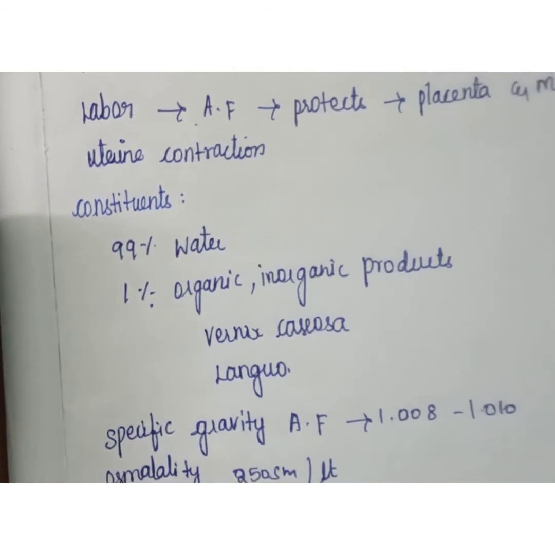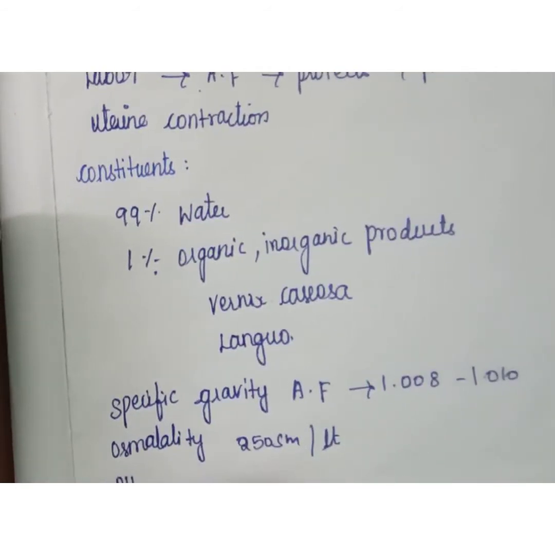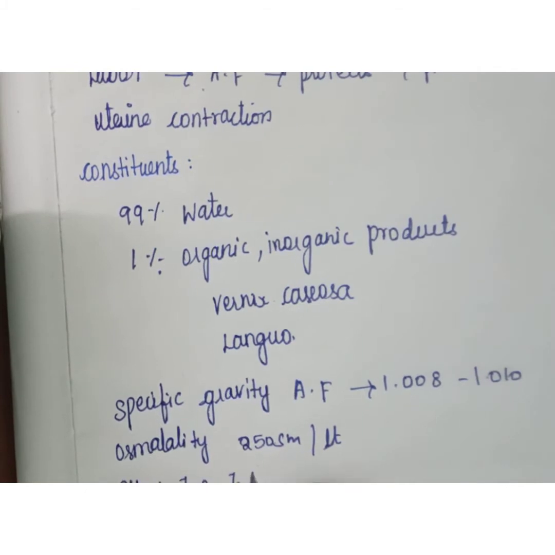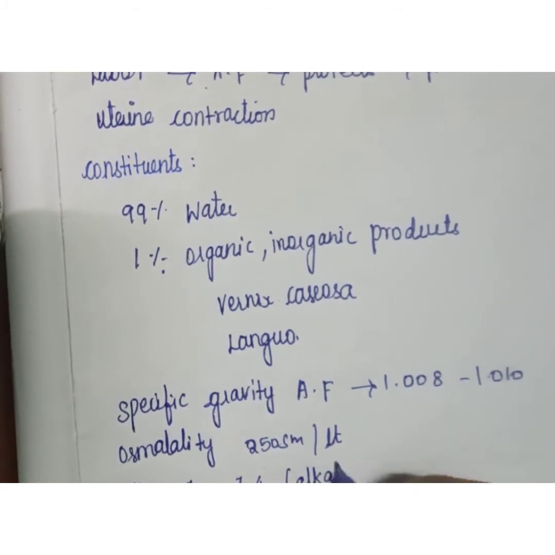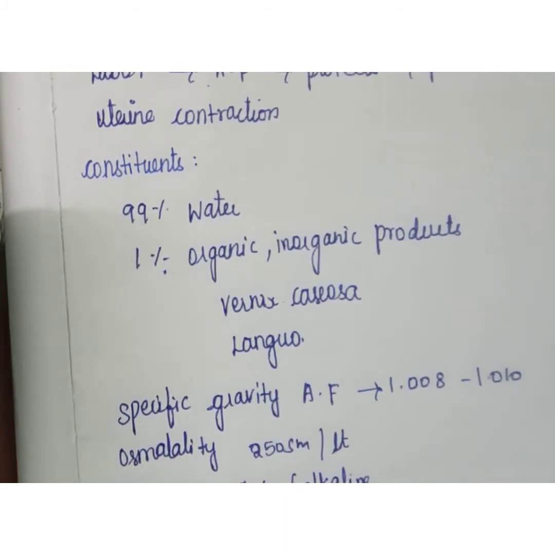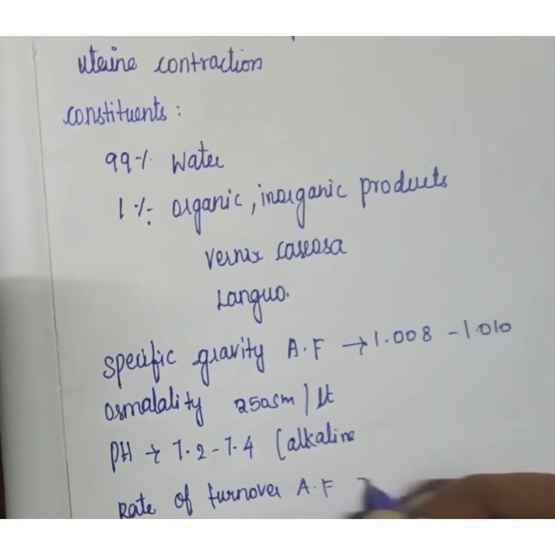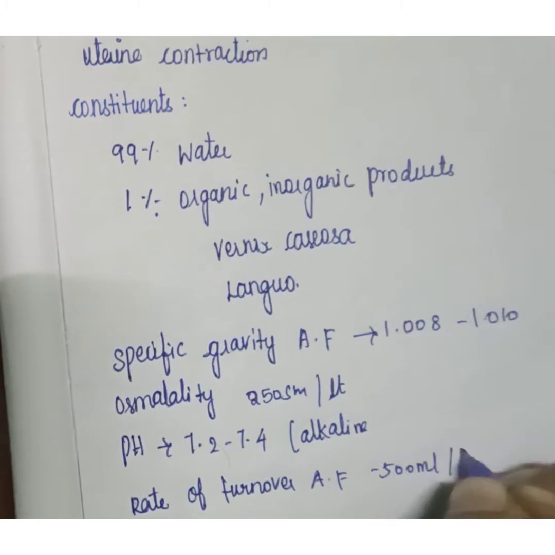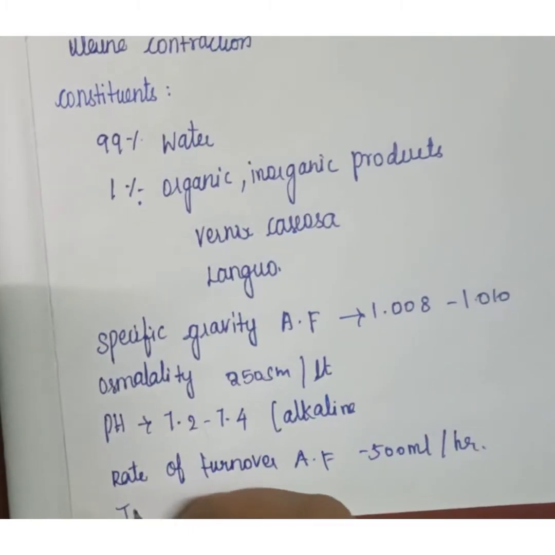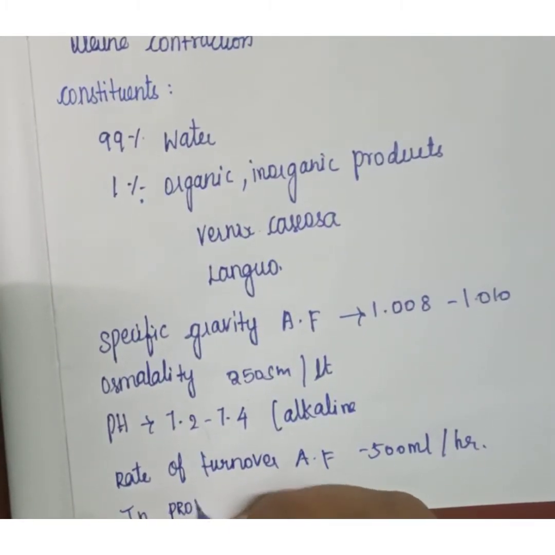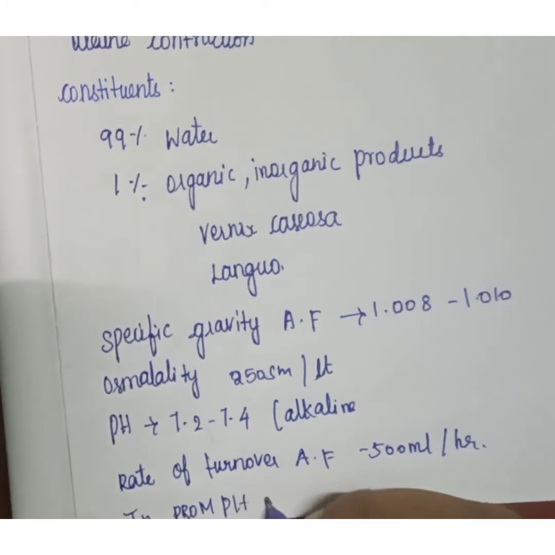The pH of amniotic fluid is 7.2 to 7.4, and it is alkaline. The rate of turnover of amniotic fluid is 500 ml per hour.